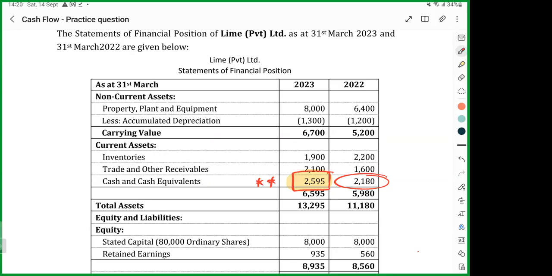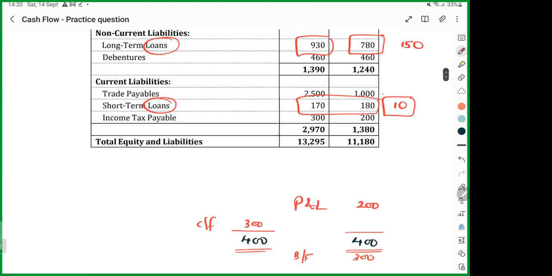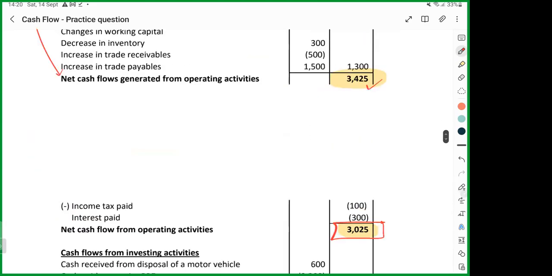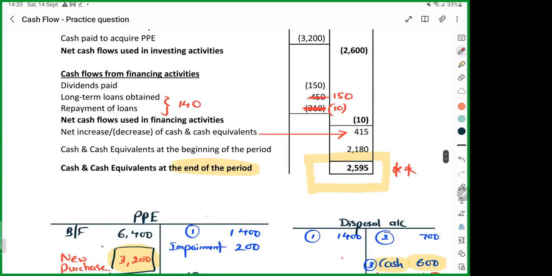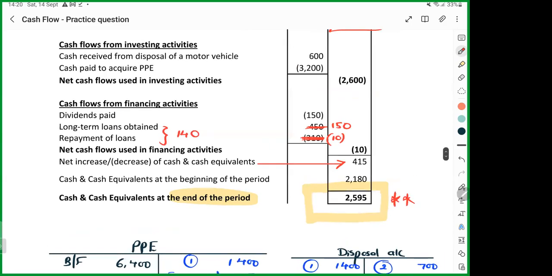So you can check whether you have correctly prepared the cash flow statement by comparing the cash and cash equivalents in the financial position with the cash and cash equivalent you get from the statement of cash flows. If end balances are the same, that indicates you have correctly prepared it.